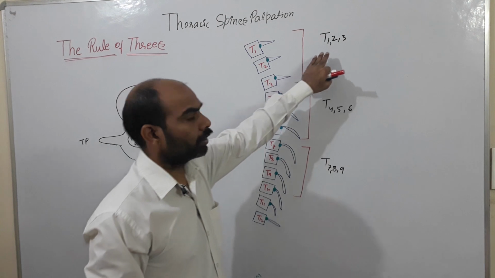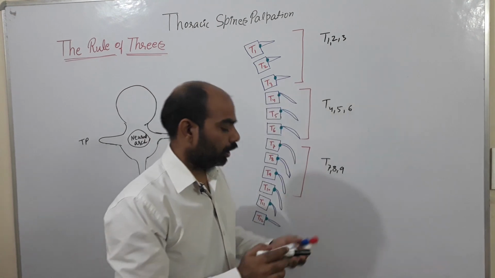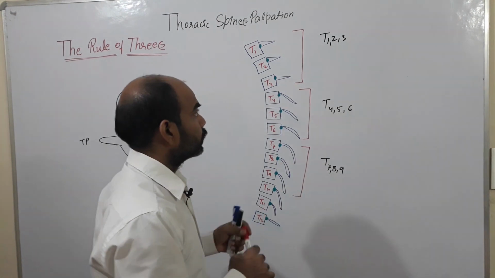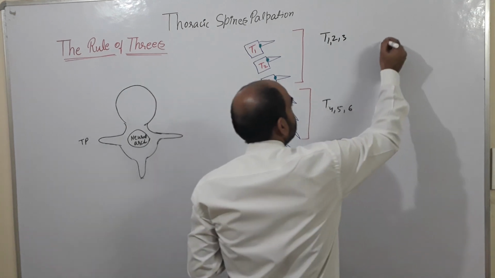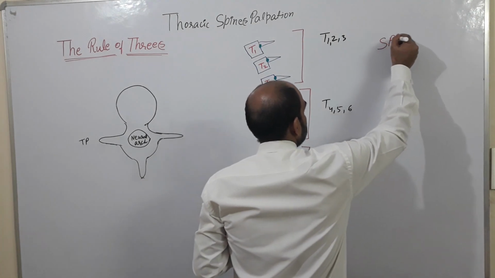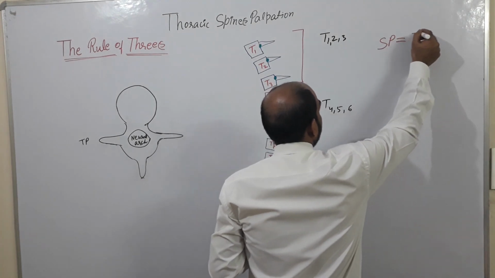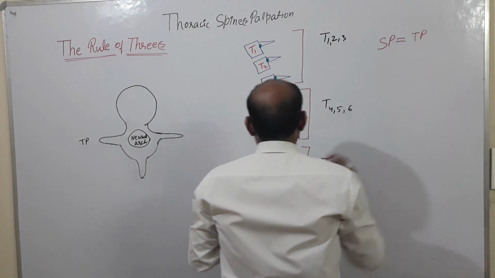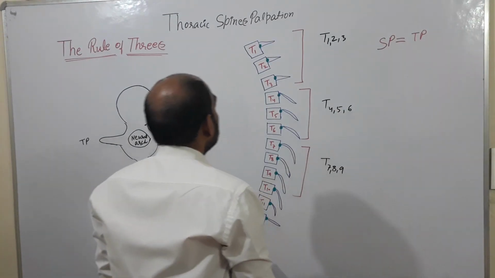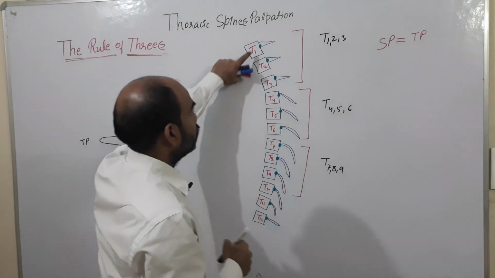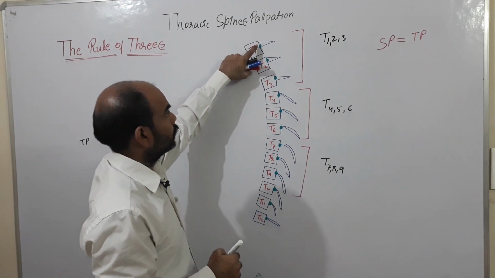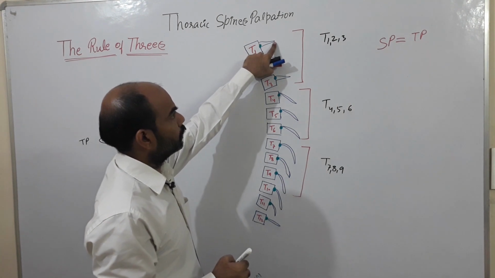In thoracic vertebra 1, 2 and 3, the level of the spinous process is on the same level as the transverse process. Means, suppose this green mark is a transverse process and this is a spinous process.